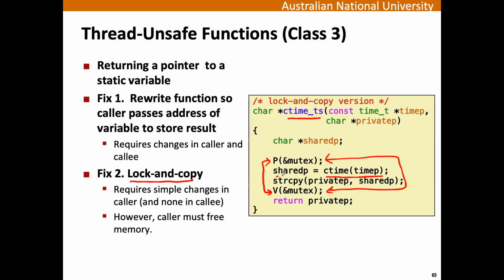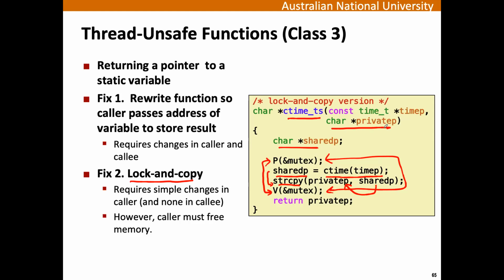Whatever we get, a pointer to the same static variable that ctime returns every time you call it, we copy into a different variable. Here we are doing a strcpy, copying whatever ctime is returning into another variable, and that variable is provided by the user of the ctime function. All right, so this is lock and copy.